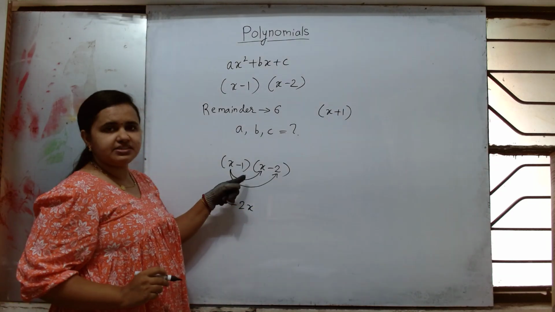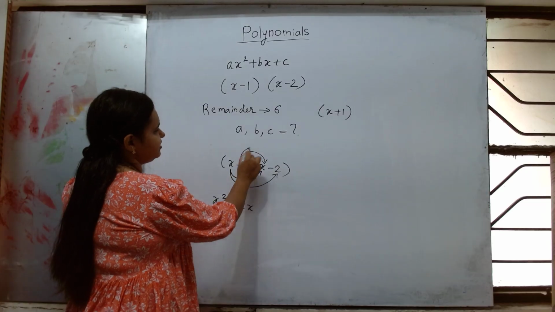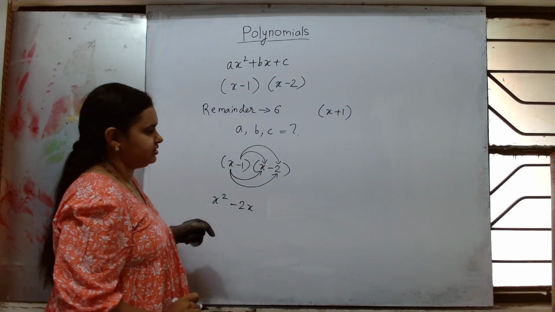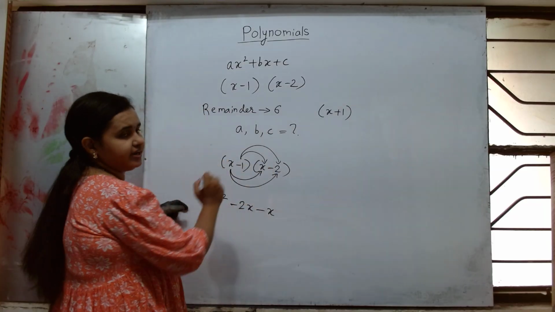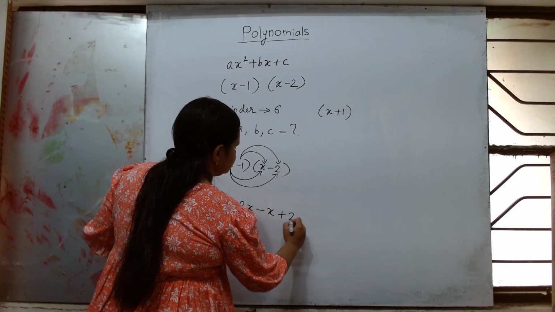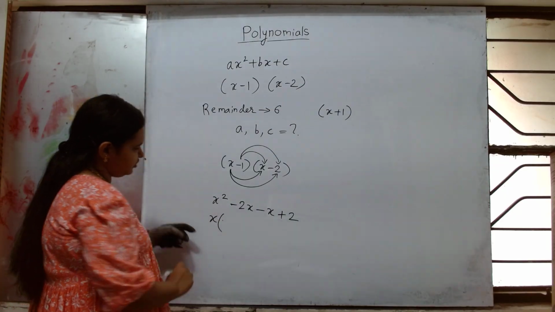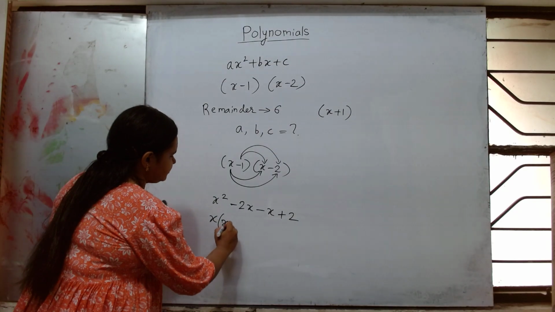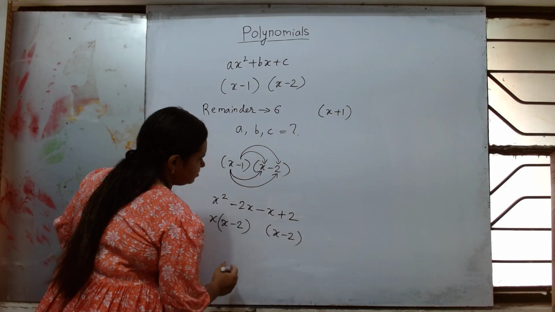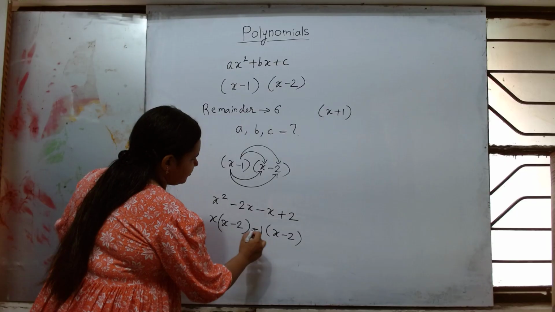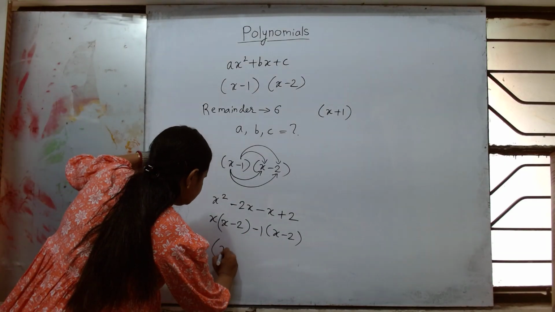Then multiply second term with first term and then second term with second term. It will be minus x and minus 1 into minus 2 is plus 2. So it will be x into x, we get common, it will be x minus 2. Here, minus 1 we will get common.